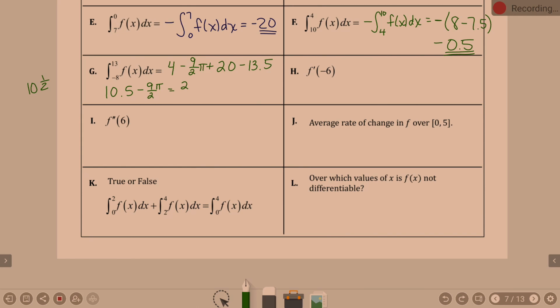So that's 21/2 minus 9 pi over 2. What if we go one more step? Common denominator of 2. So on top you can say 21 minus 9 pi all over 2. Now, am I saying you have to do that for an open-ended problem? No. But I don't see 10.5 minus 9 pi over 2 being an answer for multiple choice. So be able to make those connections, right?